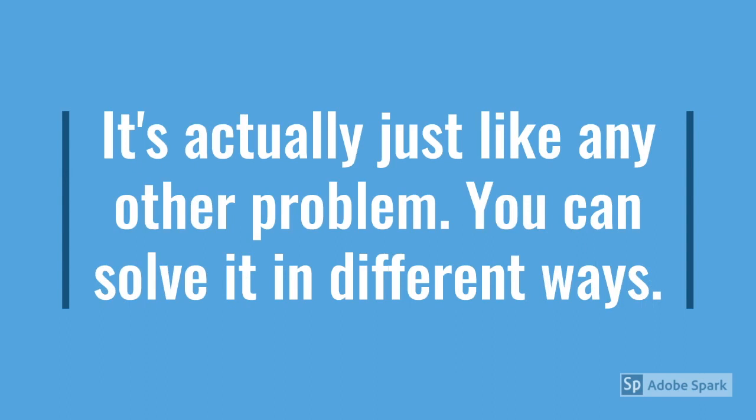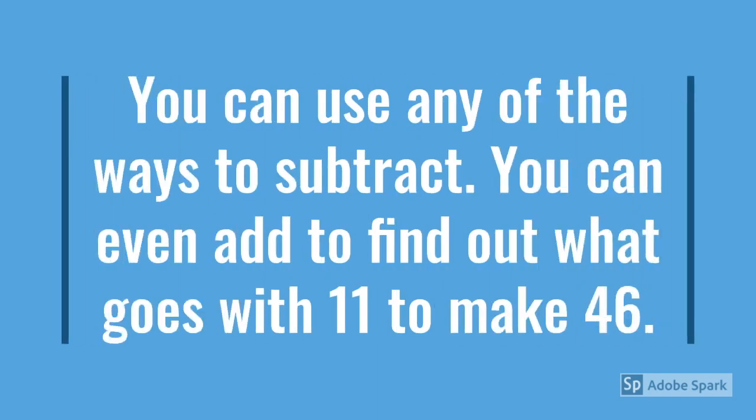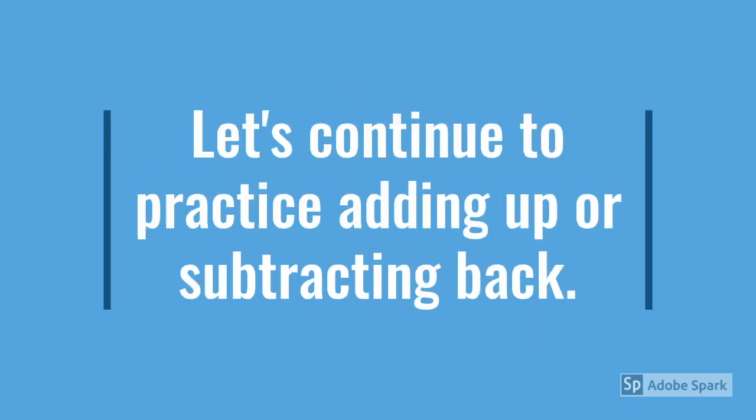You can solve it in different ways. You can use any of the ways to subtract. You can even add to find out what goes with 11 to make 46. Let's continue to use our strategies of adding up or subtracting back.